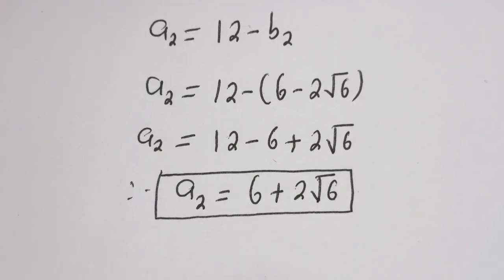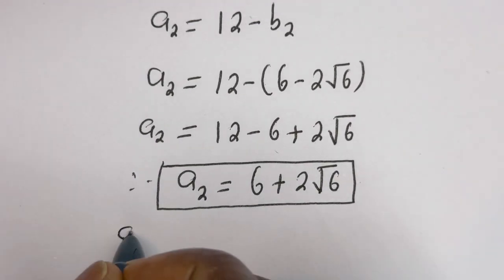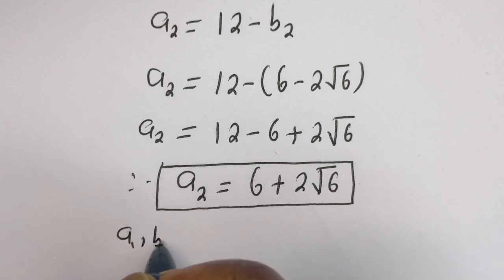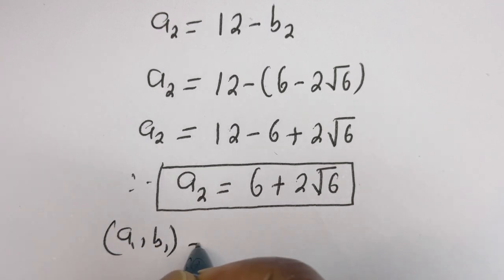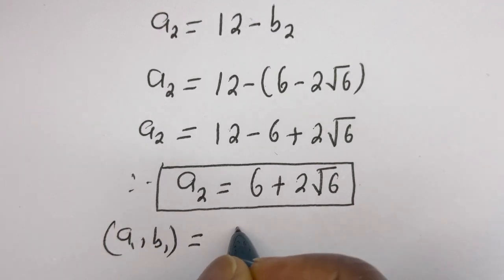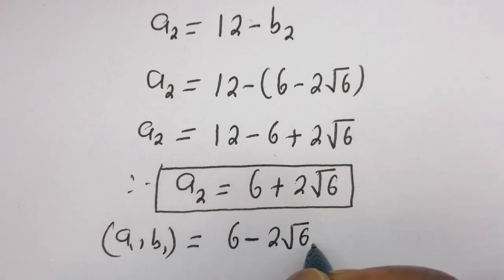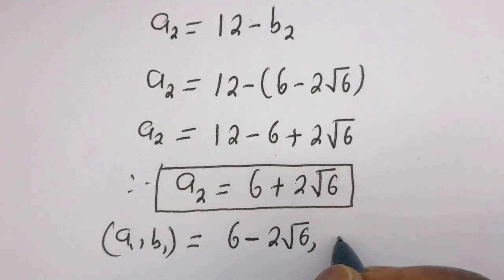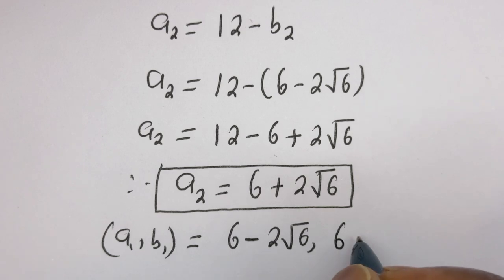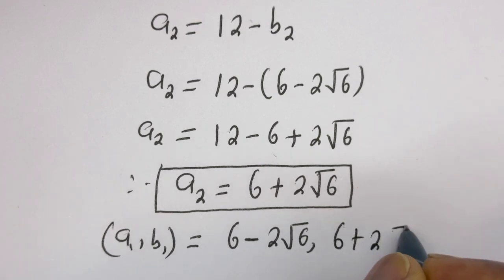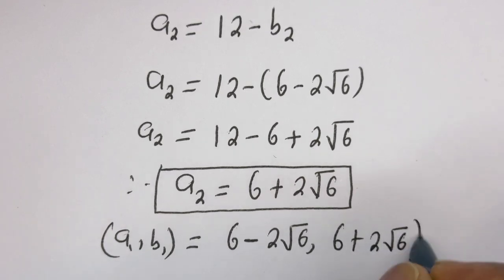Therefore, our final answers are: a1, b1 is equal to 6 minus 2 root 6, 6 plus 2 root 6.